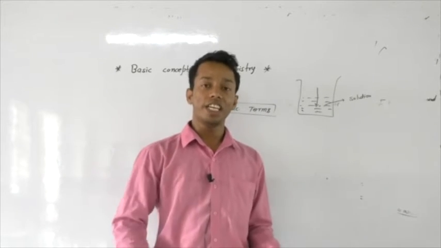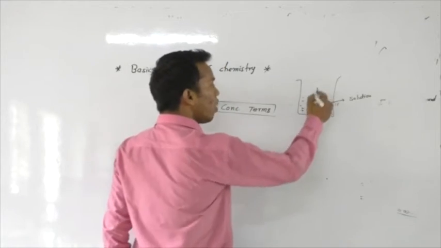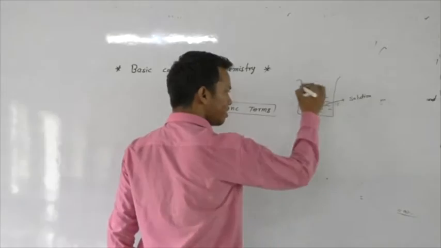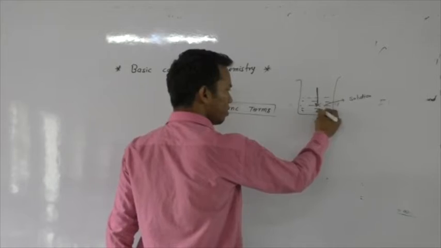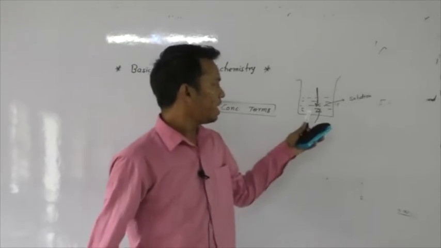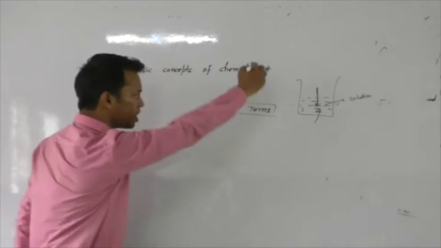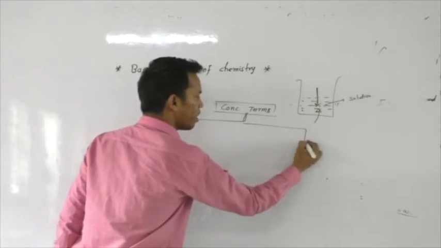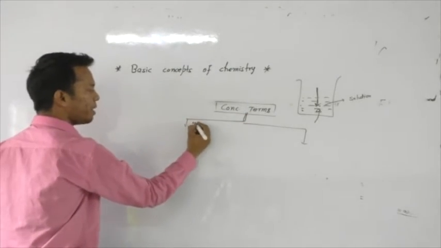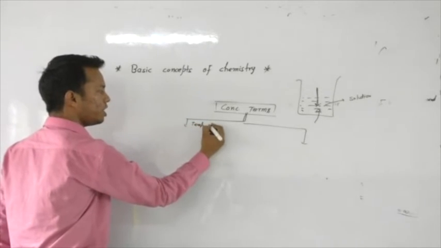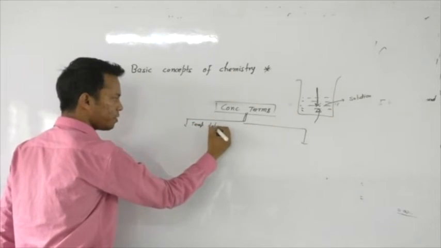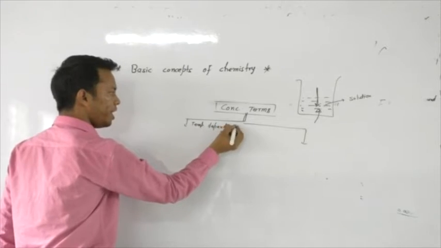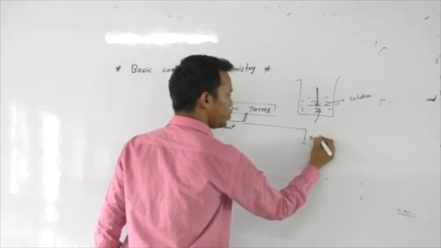So what they are saying, whatever the solute mass and whatever is the volume, so what they are saying is, the concentration term we can divide in two parts, okay? One is temperature dependent, and second is temperature independent.